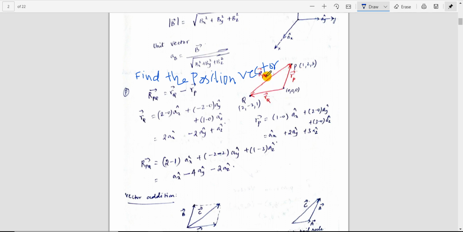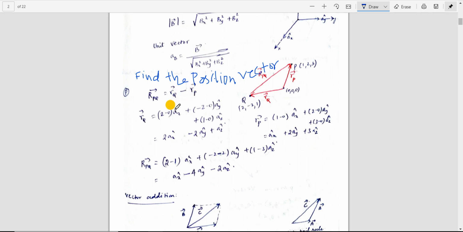In rpq, the second one should be the origin, the first one should be the destination. So destination, origin, like this you have to define. If you are going to define this rpq, then first the origin minus destination. So rpq is rp minus rq.